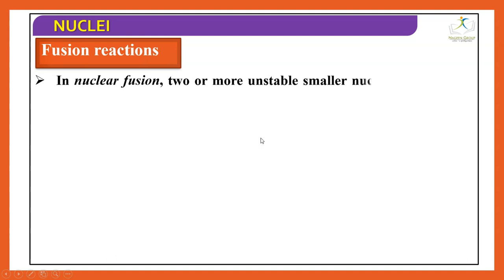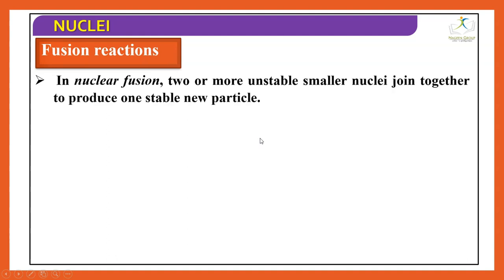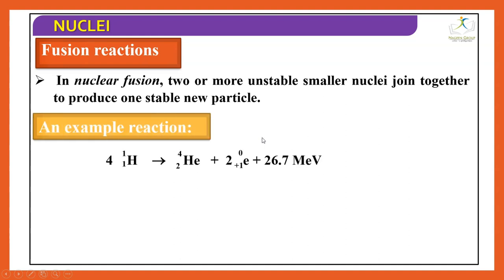In nuclear fusion, two or more unstable smaller nuclei join together to produce one stable new particle. For example, four particles of 1H1 fuse to form 2He4 plus 1E0 plus 26.7 mega electron volt energy released.